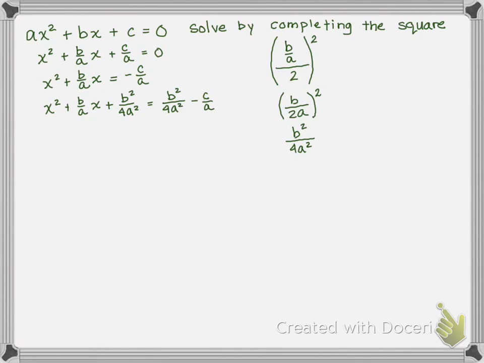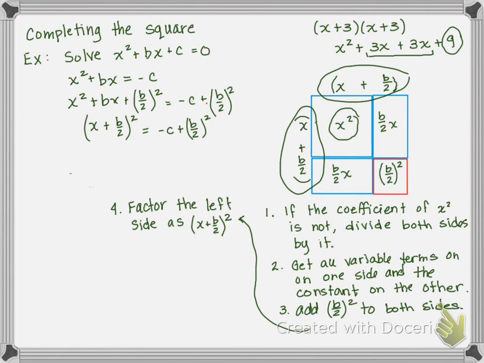So now we're going to factor the left side, which, again, we haven't really factored with fractions, certainly not with fractions that have all these variables in them. So let's go back to what we know it factors as. It's always going to factor as x plus whatever it was we squared to get the number we added to both sides, to the second power.